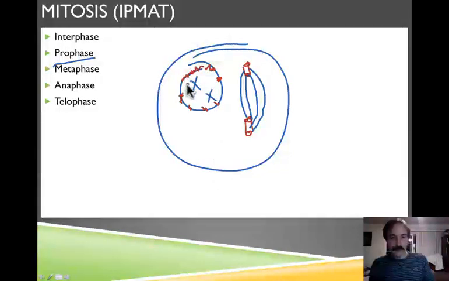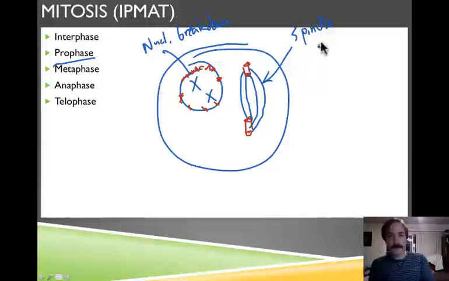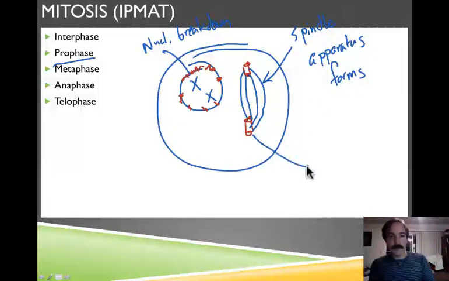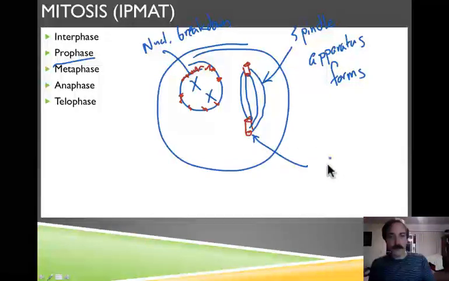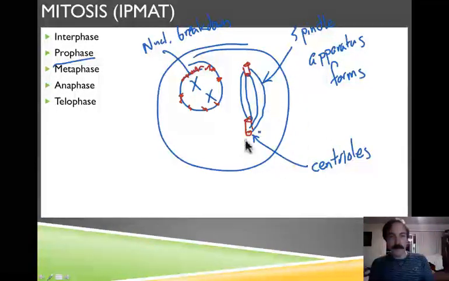Okay, so just to be clear again, the nucleus is breaking down, and then you have your spindle apparatus forming. And these little guys at the end are called the centrioles.